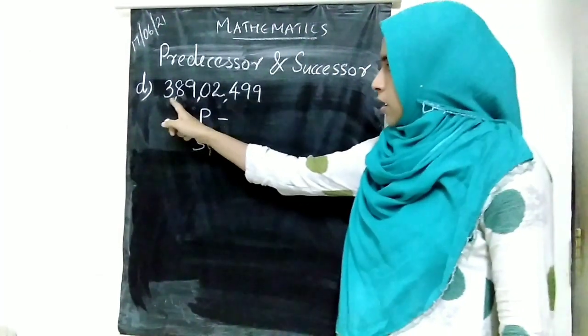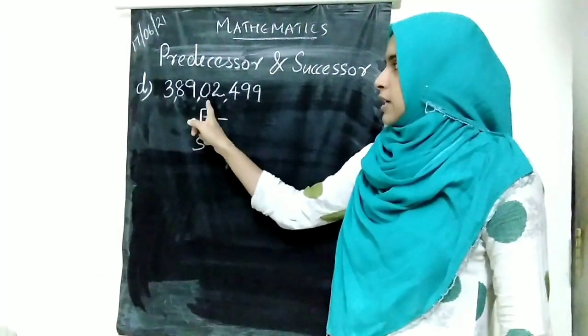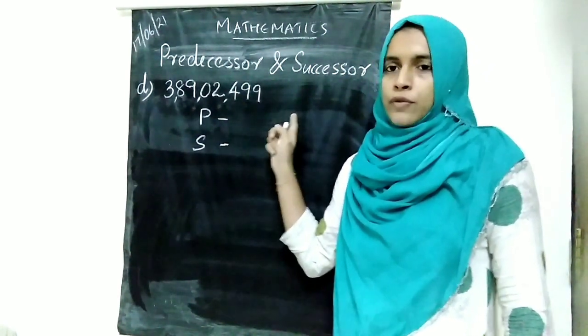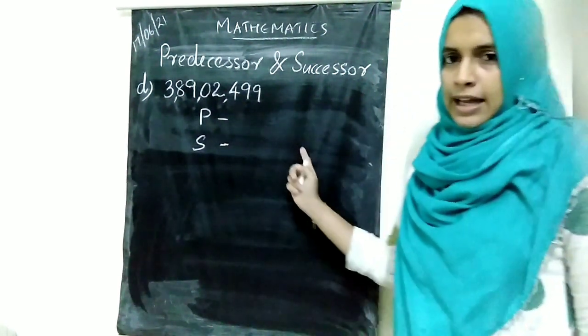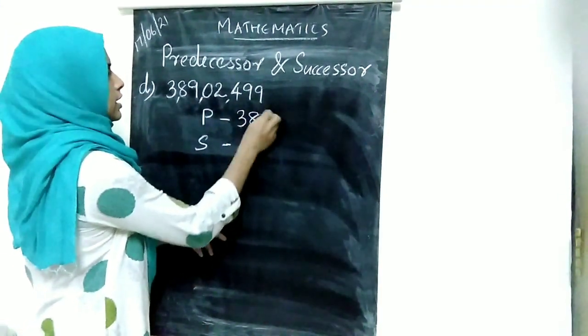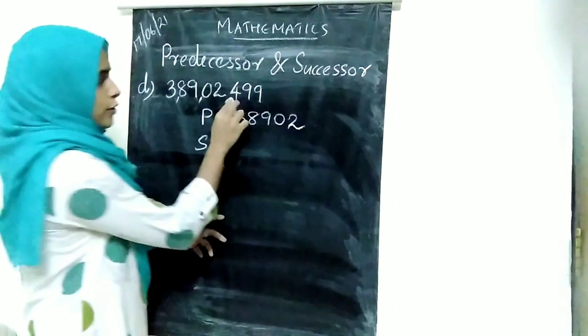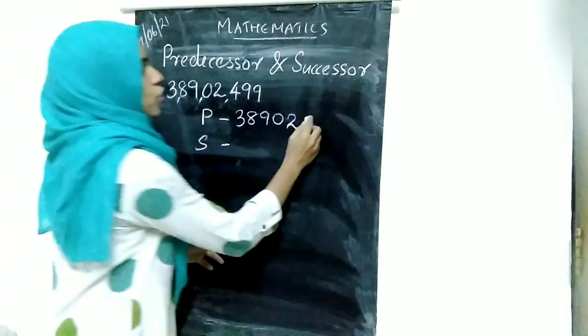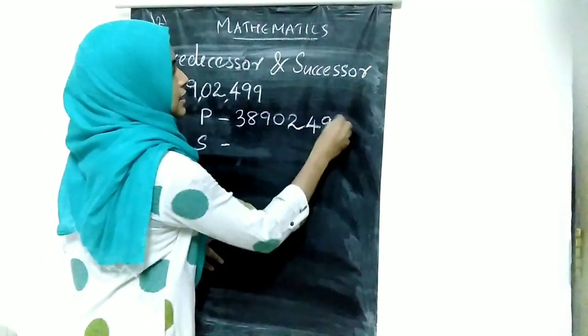Next question: 3 crore 89 lakh 2499. We should find the predecessor and successor. Predecessor of this number is 3 crore 89 lakh 2498: 499, subtract 1, so 498.